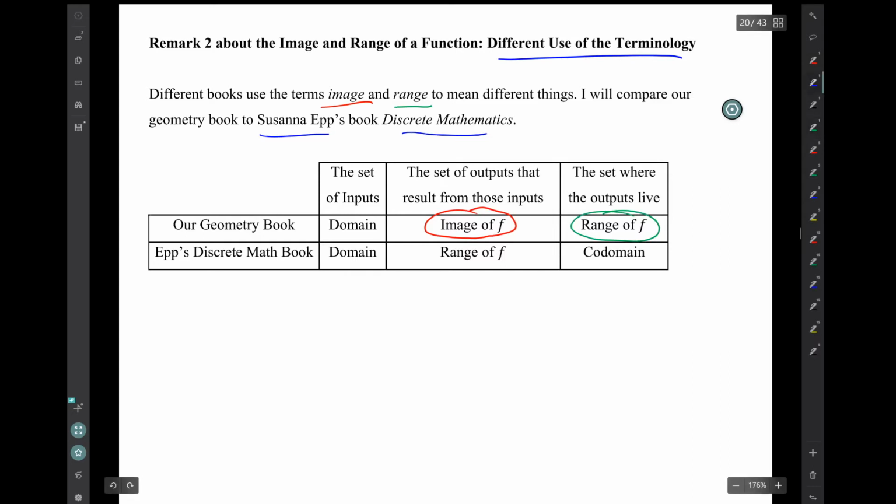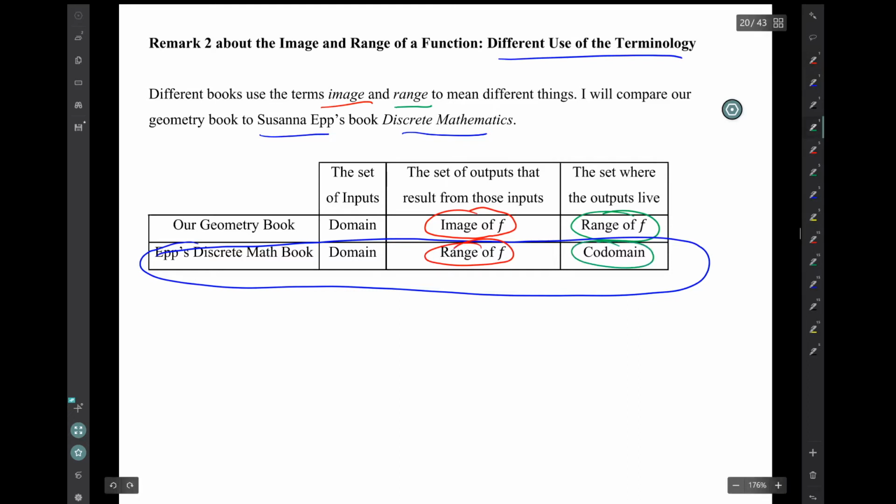Now, in Susanna Epp's Discrete Mathematics book, the set of outputs that actually come out of the function is called the range. And the set where those outputs live is called the codomain. So you see that the word range gets used in a different way in the two books, and the word image gets used in one book and not the other, and the word codomain gets used in one book and not the other.